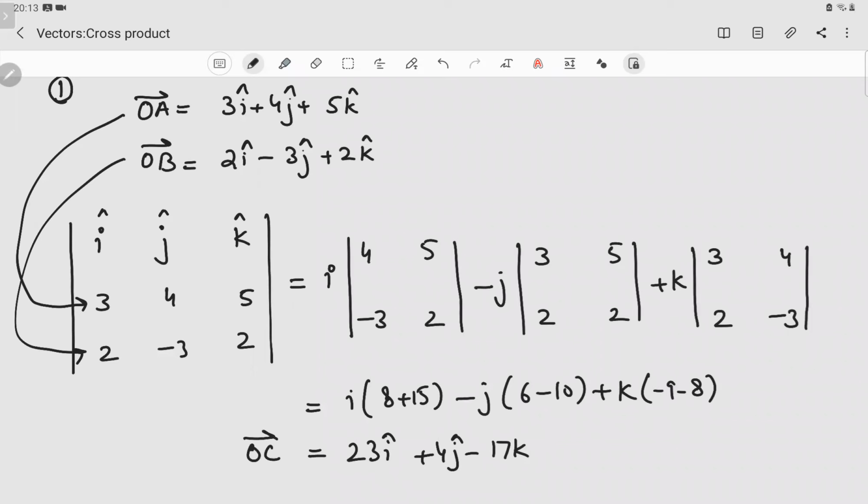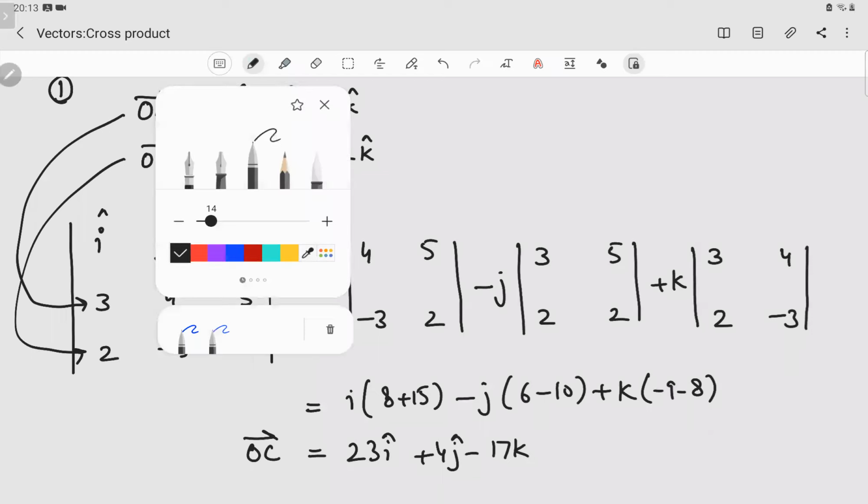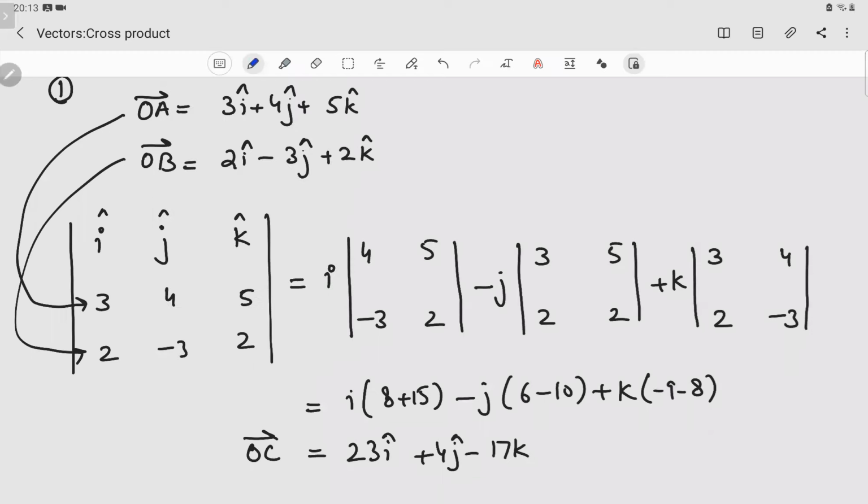The first row was i, j, k, the second row was 3, 4, 5, the components of OA, and the third row was 2, minus 3, 2, the components of OB. We expanded this determinant and obtained the vector OC. I'm interested in knowing the properties of this OC vector.